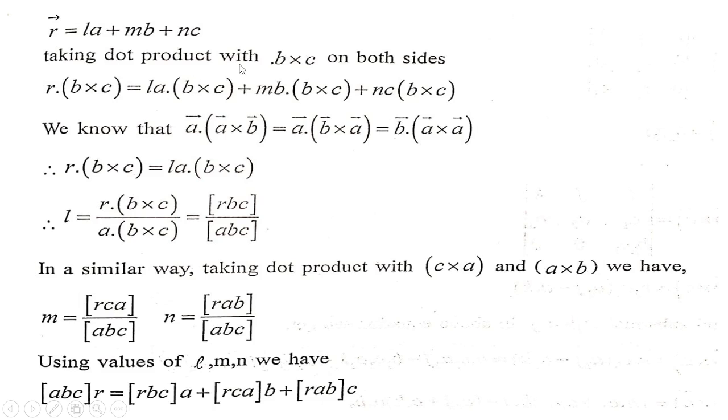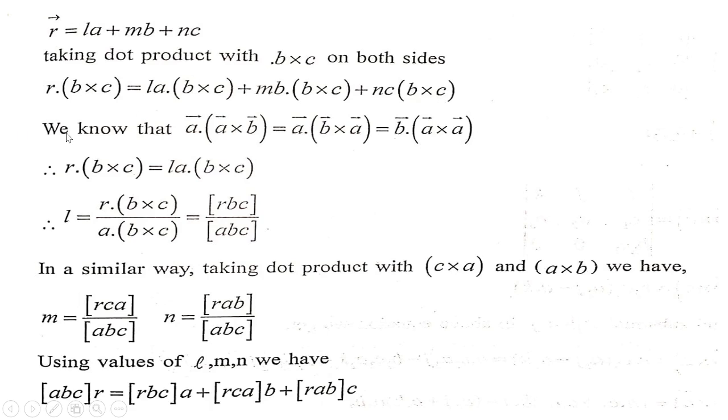Taking the dot product with B bar cross C bar on both sides, we get R bar dot B bar cross C bar equals LA dot B bar cross C bar plus MB dot B bar cross C bar plus NC dot B bar cross C bar.